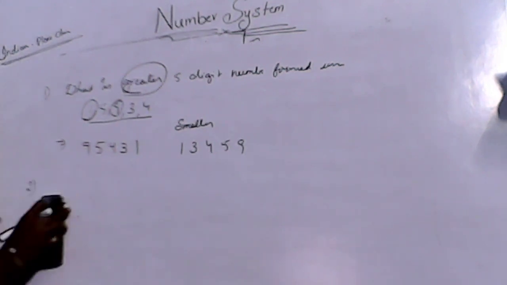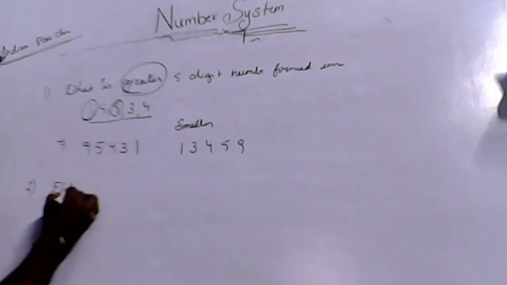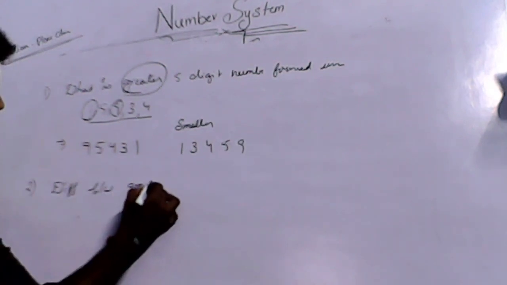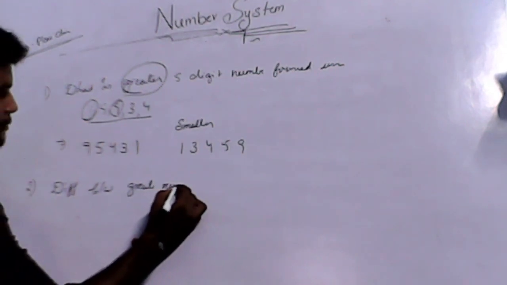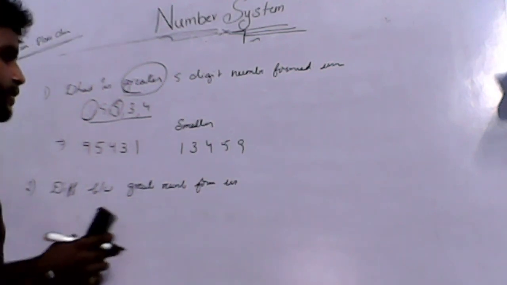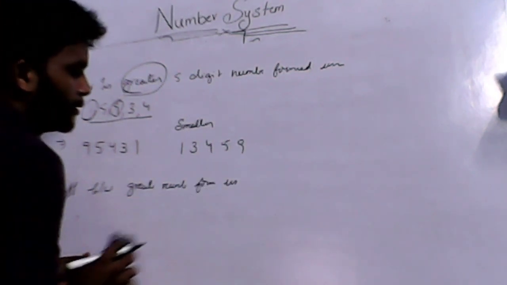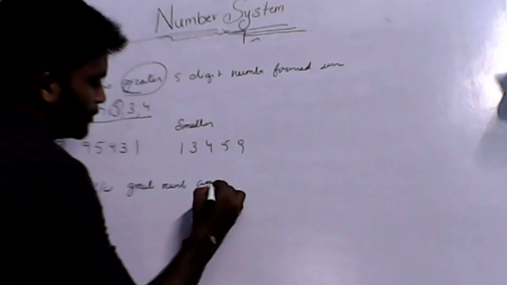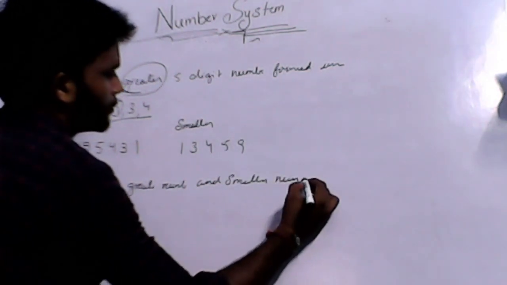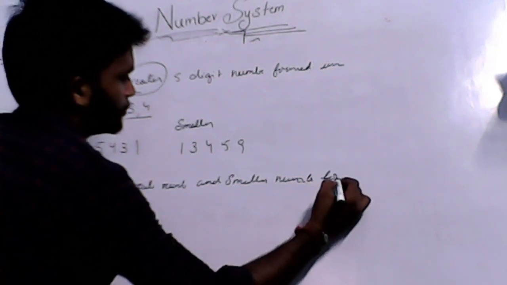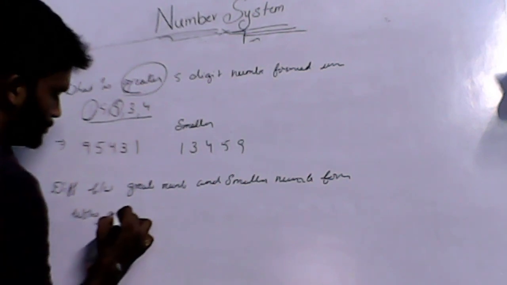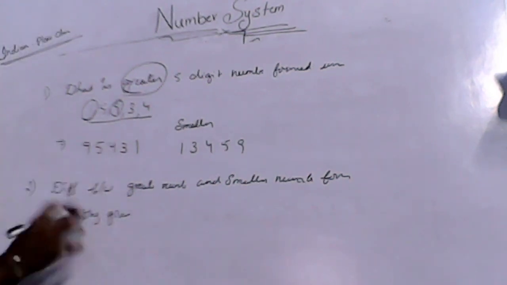And we may have something like the difference between the greatest number formed and the smallest number formed using the given digits, same number.